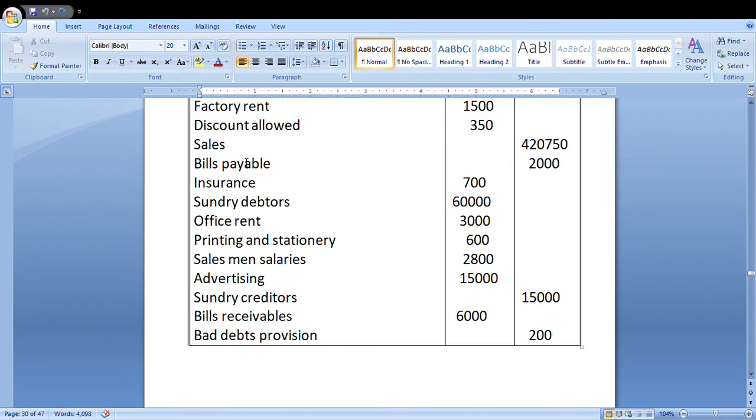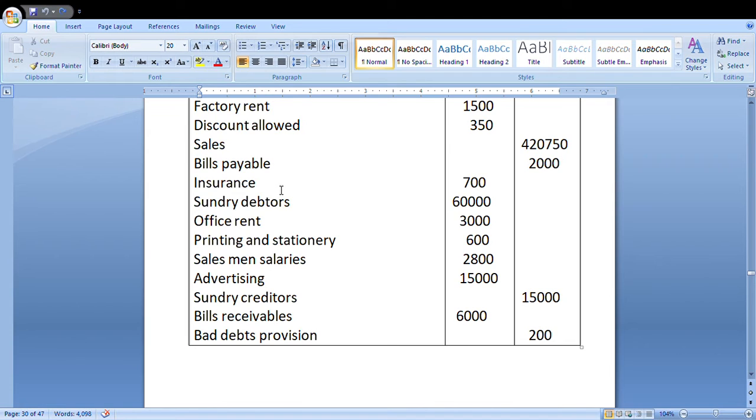Next, sales. This is already entered on the trading account credit side. This does not enter the profit and loss account. Bills payable. This is also a liability, meaning borrowing. This enters the balance sheet, liability side.